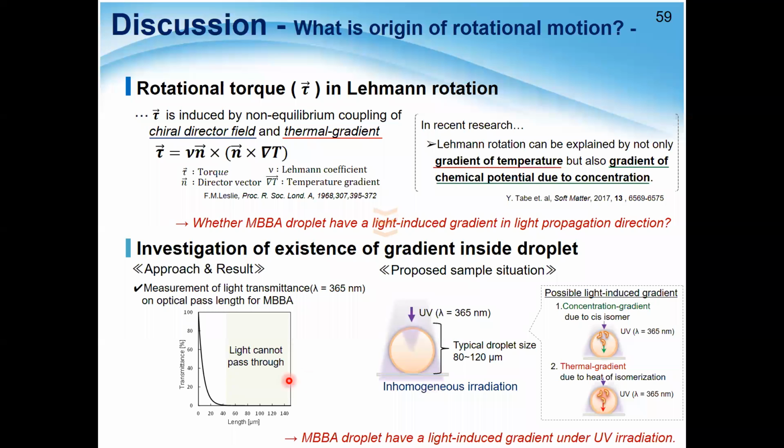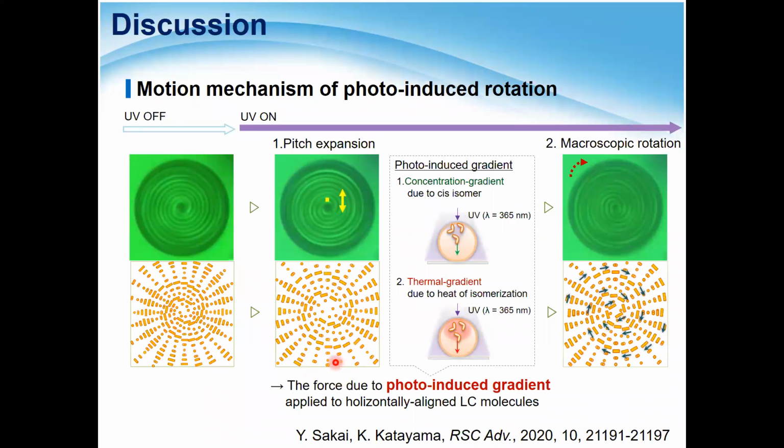So we studied the light penetration, and we found that the light was mostly absorbed within about 20 microns, compared with the size of the droplet, about 100 microns, which is quite smaller. So there should be some sort of gradient force.